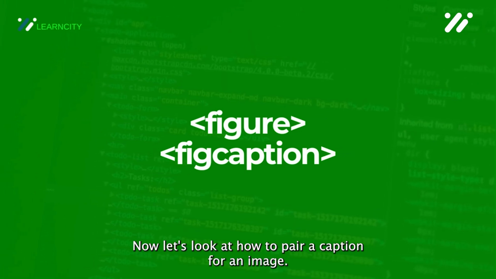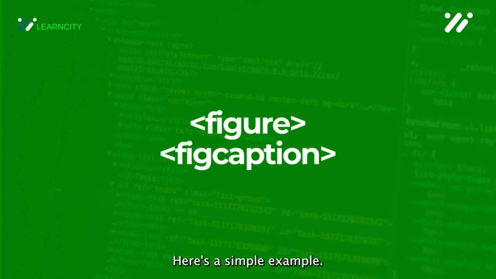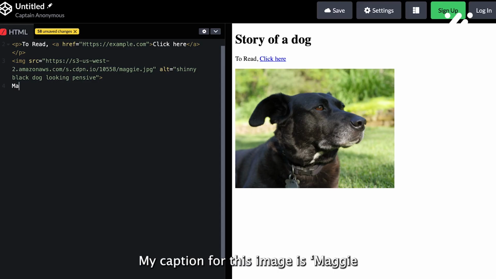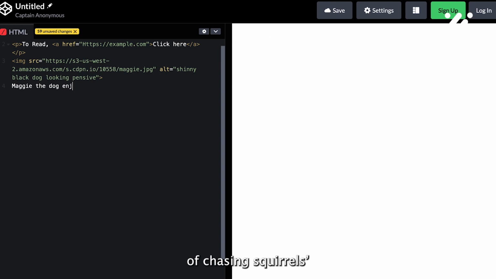Now let's look at how to pair a caption with an image. There are 2 more elements related to images, or rather related to figures. Here's a simple example. My caption for this image is, "Maggie the dog enjoys resting in a field after a long day of chasing squirrels."